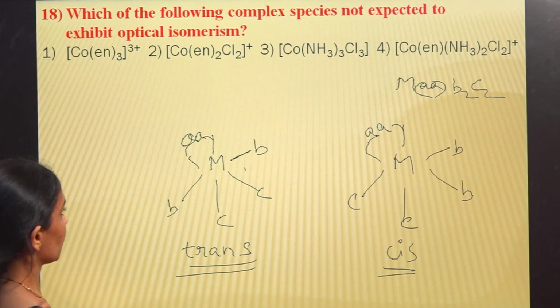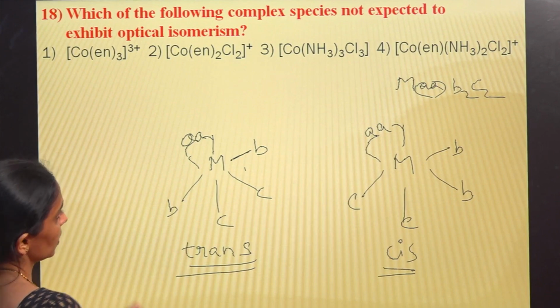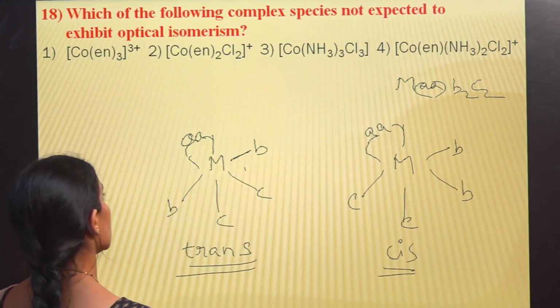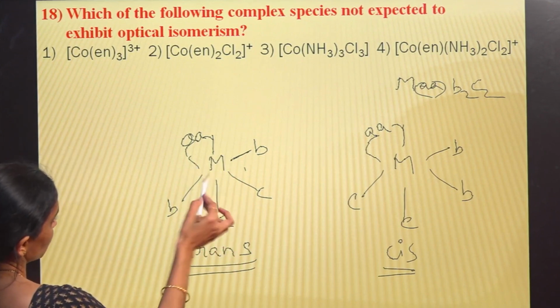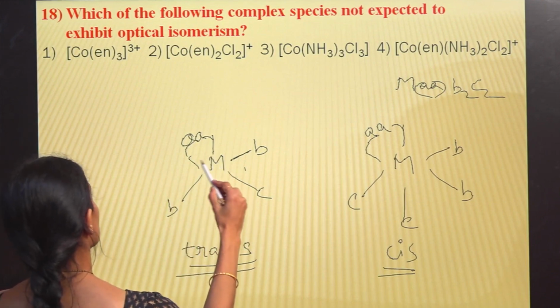Now here, the trans form has a plane of symmetry. Which is that plane? The plane is the one which passes through the complex like this.